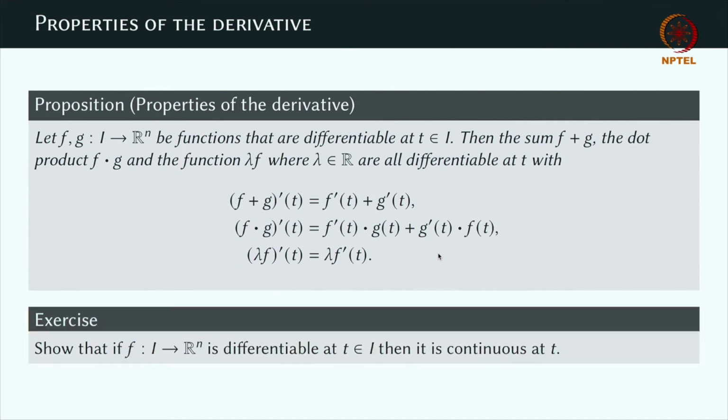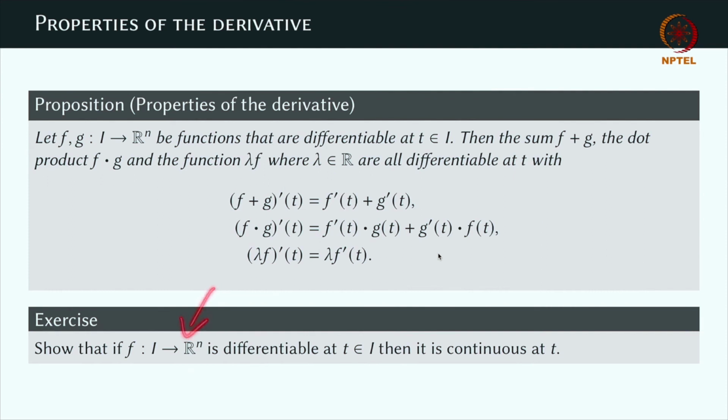Now I'm going to give you one more exercise, and again this exercise is going to be rather easy. Show that if f from I to Rn is differentiable, then the function is continuous at t. Now it is at this point you must ask me, okay, you want me to show it is continuous, but what is the metric on Rn?